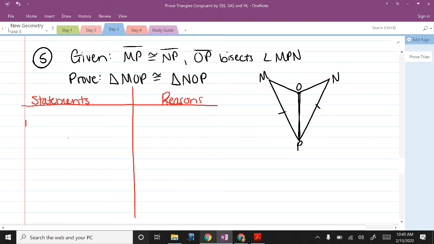So it tells me segment MP is congruent to segment NP, and they marked that, didn't they? MP is marked congruent to NP. Yep, they have those little tick marks. And then segment OP bisects angle MPN, and that's both given.